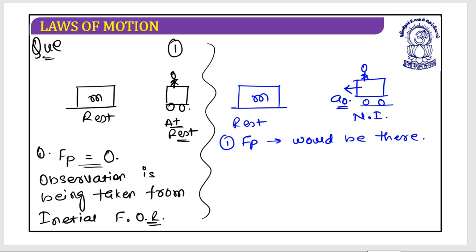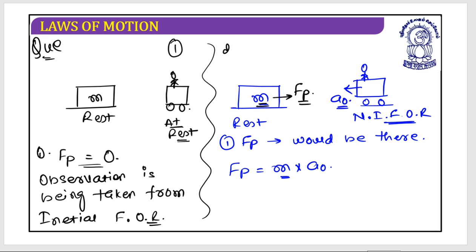Because this is a non-inertial frame of reference. What would be the magnitude of FP? FP is equal to mass times the acceleration, where the mass is of the object on which the pseudo force is being applied, and the direction would be the positive x direction.